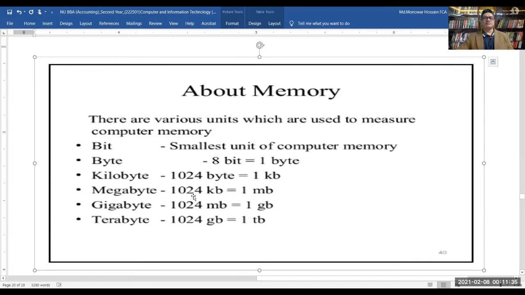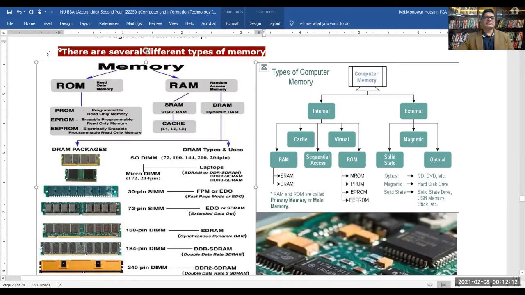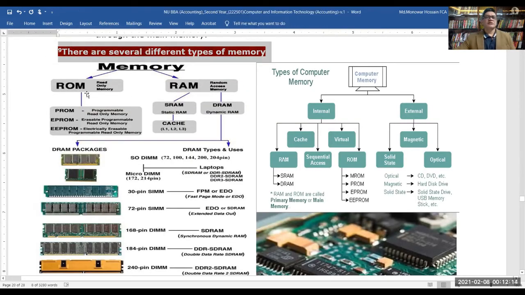Megabyte: 1024 kilobytes equal 1 megabyte. Gigabyte: 1024 megabytes equal 1 gigabyte, which we call GB. Terabyte: 1024 gigabytes equal 1 terabyte. We can see here memory.